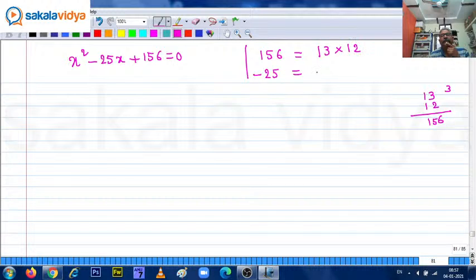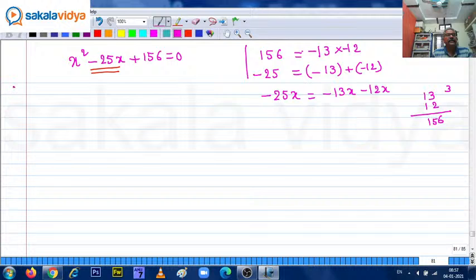But to get negative 25, this must be negative 13 plus negative 12. Negative into negative is positive. So minus 25x can be written as minus 13x and minus 12x. So let us split this one now.